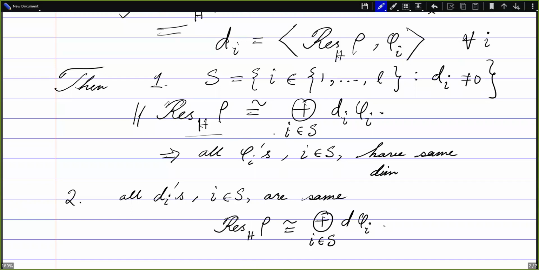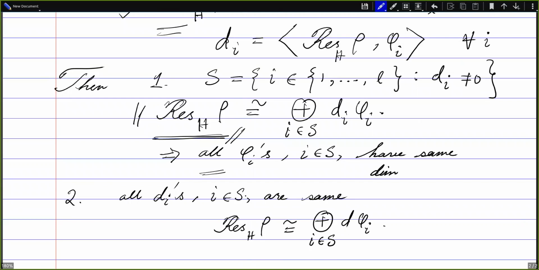So therefore we see that in the decomposition, we in fact ignore the trivial decomposition, ignore trivial subspaces. So let's forget that. Basically all the irreducible sub-representations of this will have the same degree.